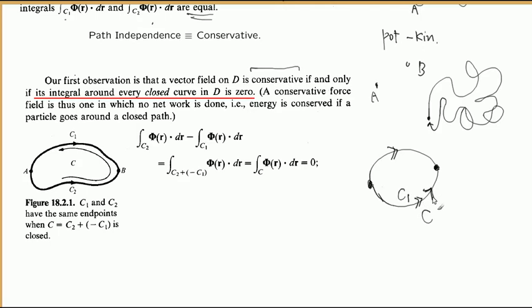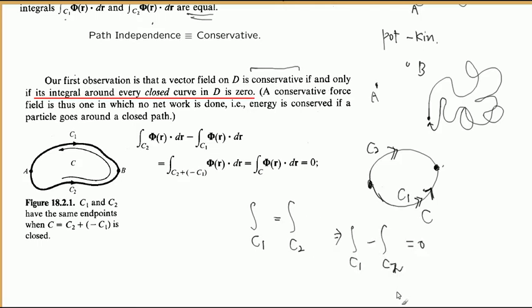This one arrow is for the orientation of C. A double arrow is the orientation for C1. And this is the C2 orientation, like this one. So C1 is starting here and going there, right? C2 is starting here and going there. If I omit the integrand because it's always the same, the integral over C1 is equal to the integral over C2. That's the property of conservative, right? So if I subtract the integral over C1 from both sides, the integral over C2 minus the integral over C1 is going to be 0.